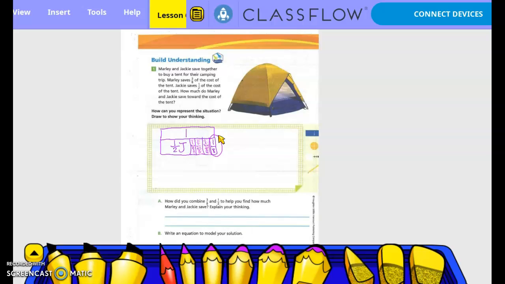Letter A. How did you combine the 3/8 and 1/2 to help you find how much Marley and Jackie saved? Explain your thinking. So we came up with a what? A common denominator. We came up with a common denominator of 8.